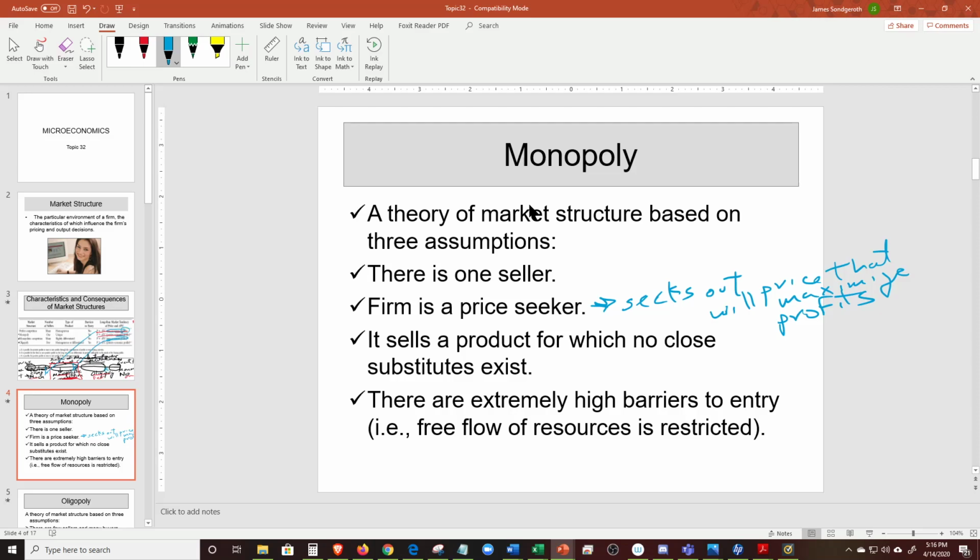It sells a product for which there are no close substitutes, and as far as allocation of resources, which we're really quite interested in, that's what microeconomics is about: how resources are allocated. So monopoly will stop the free flow of resources to their most productive use. This is a market failure.